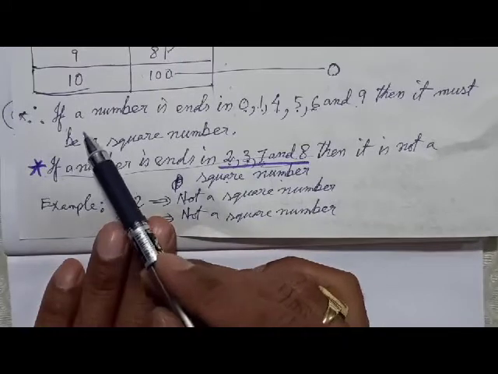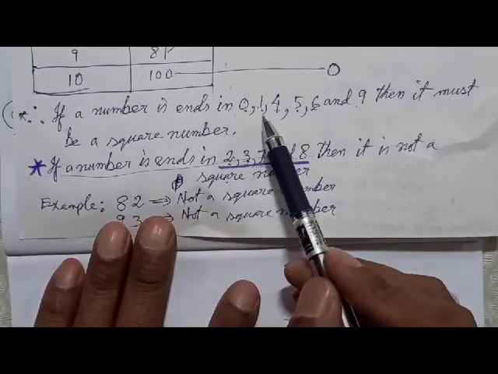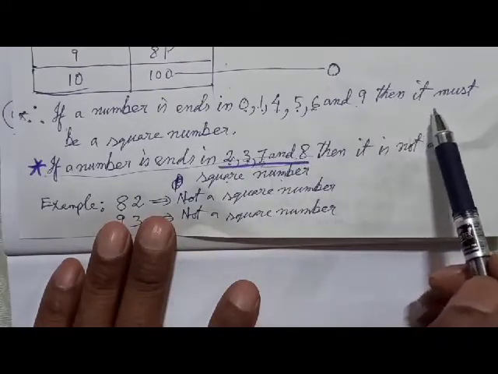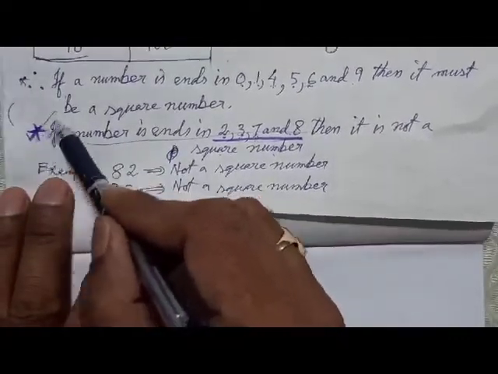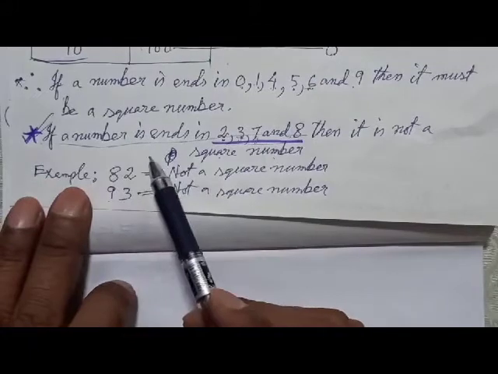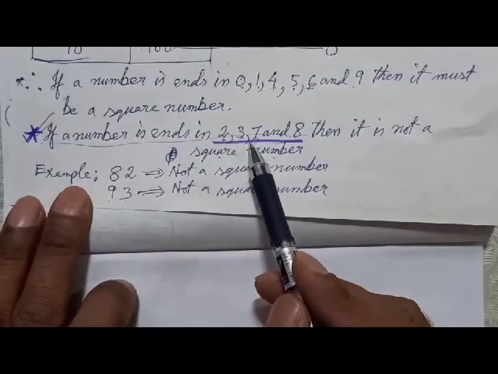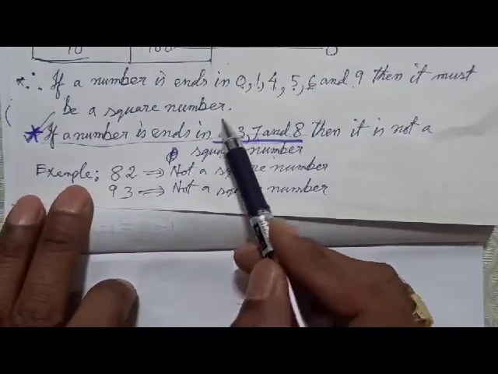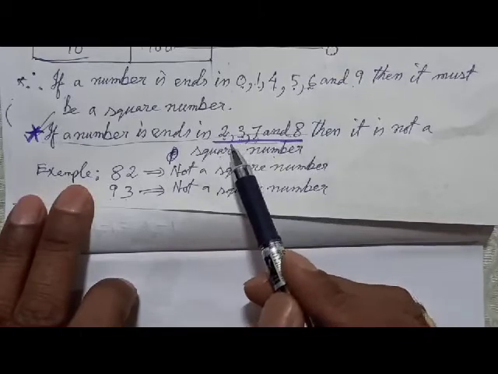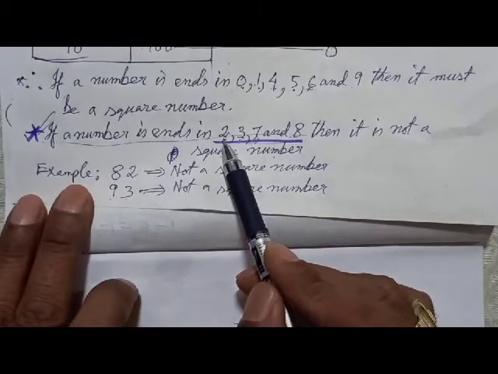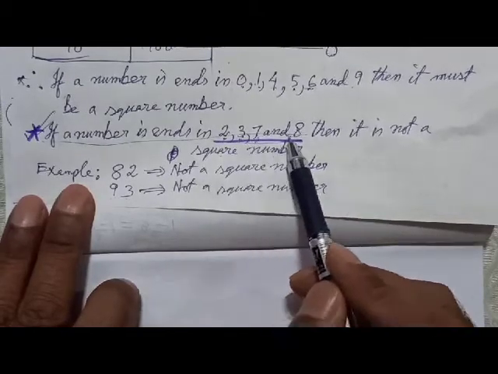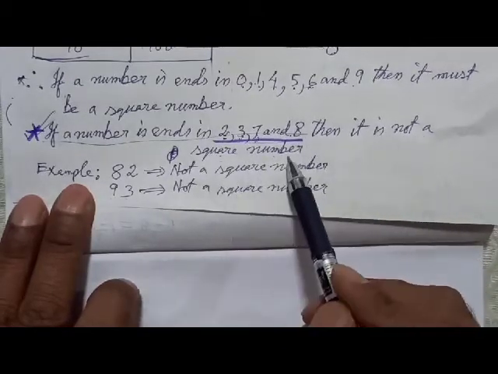First point, if a number ends in 0, 1, 4, 5, 6 and 9, then it may be a square number. Then the second one, we have to use this. If a number ends in 2, 3, 7 and 8, not the numbers, once again, not the digit. If a number ends in 2, 3, 7 and 8, then it is not a square number.